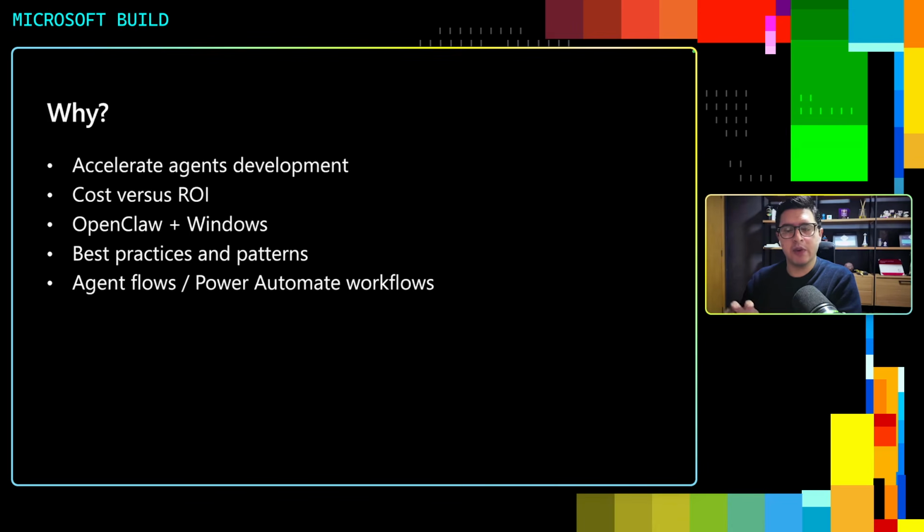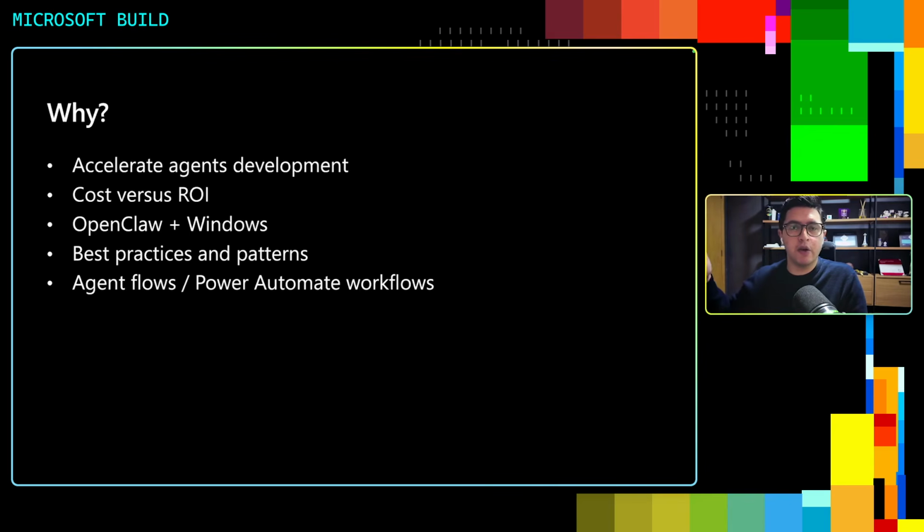But in this case, once we connect the Copilot Studio skills plus Claude Code in the terminal, we can accelerate AI agent development. We can develop an agent in 10 minutes, following the same best practices as in Copilot Studio.